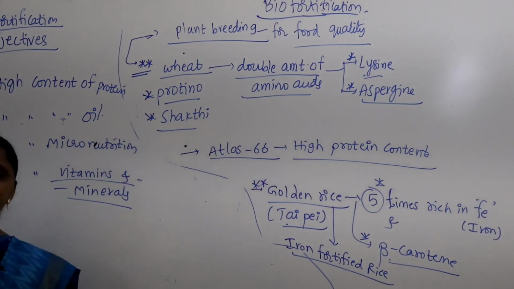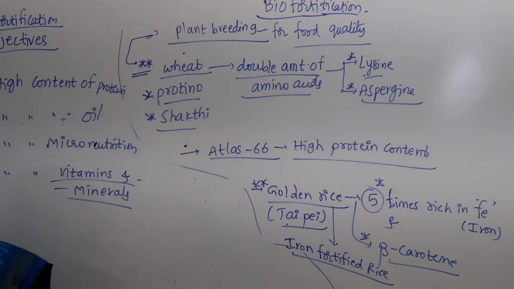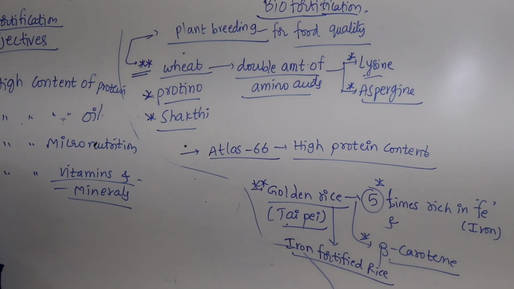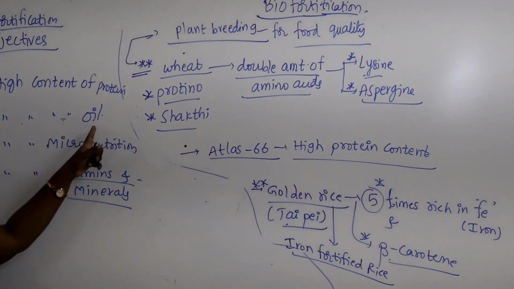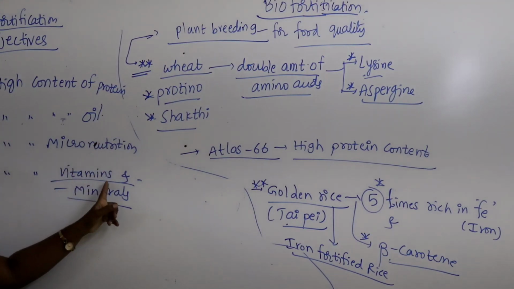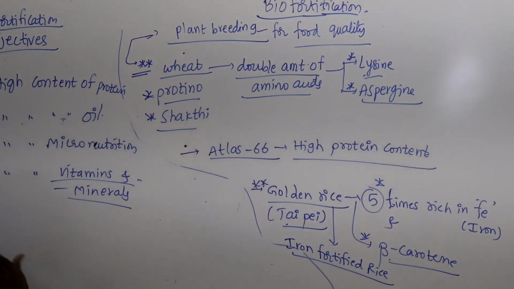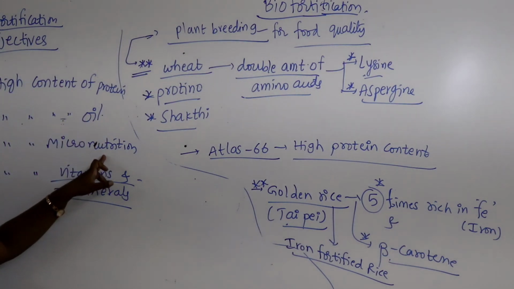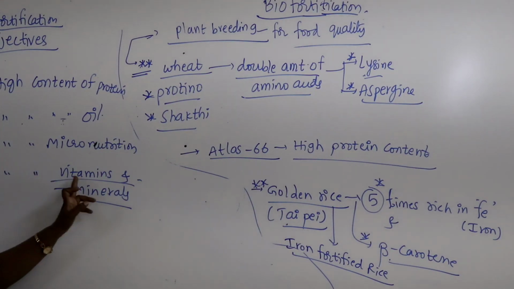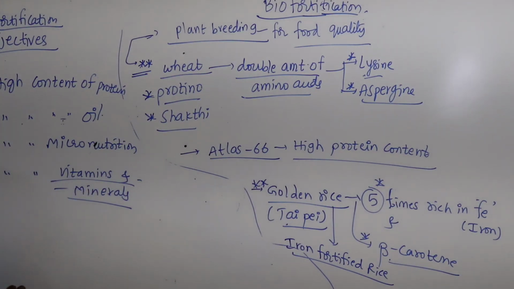Means what? When I am trying to create a new variety of plant, it needs to have the basic requirements. What are the basic requirements? The plant should have some amount of protein, some amount of oil, nutrients, vitamins and minerals. Now what I am doing is trying to produce more protein, more oil, and a high quantity of micronutrients, vitamins and minerals. This is possible only by the method called what?